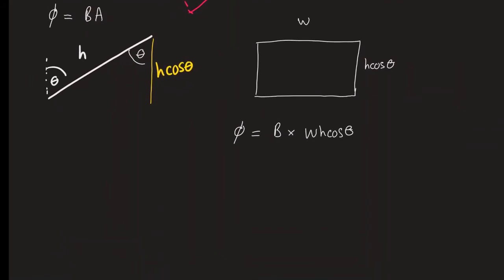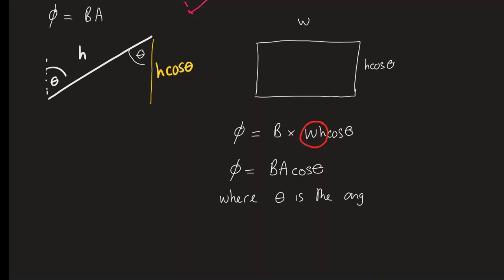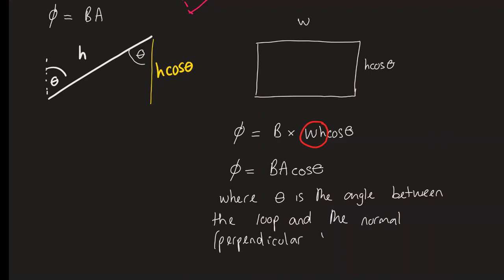That means that we can replace this part of our equation by just writing A. So phi equals BA cos theta, where theta is the angle between the loop and the normal, so perpendicular to the field line.